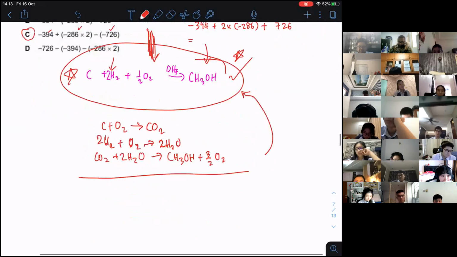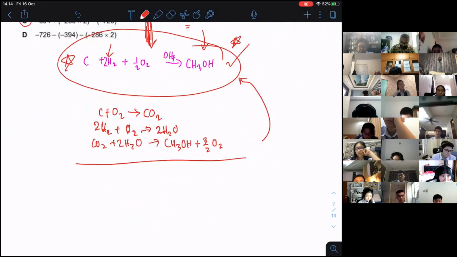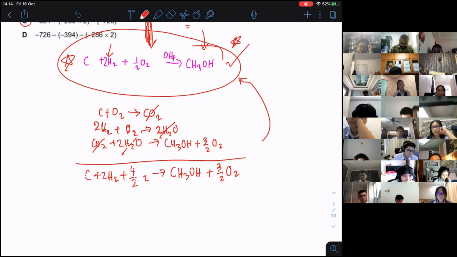When I add, I know that carbon dioxide left and right will cancel. Let's find out what else I can cancel for sure. Left and right, this one is also cancelled. So when I write down, carbon plus 2H2 plus 2O2 gives me CH3OH plus 3 over 2 O2. 2O2 means 4 over 2 O2.